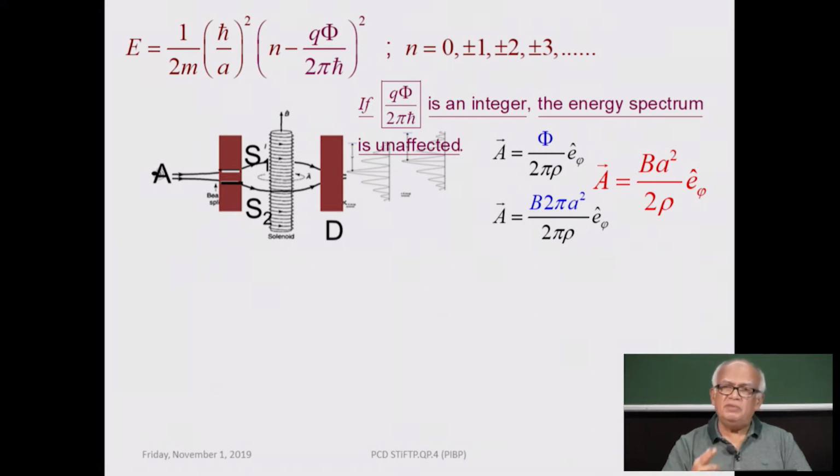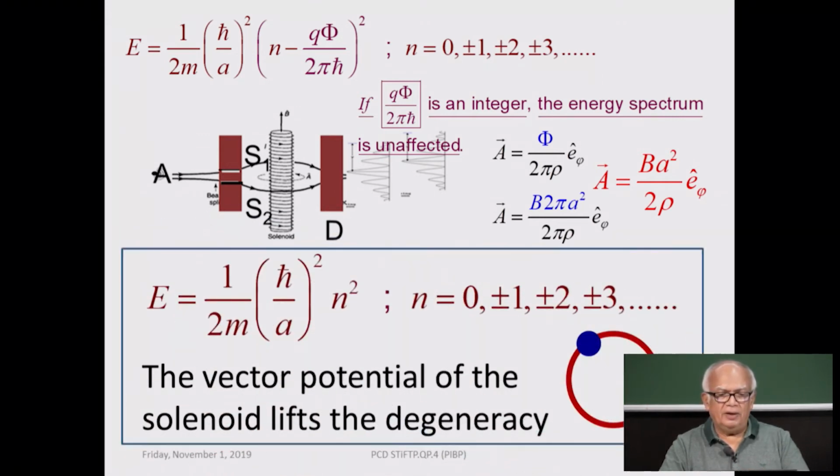So, you have the same spectrum with the flux as you had without it, not for any arbitrary value of the flux, but for such values of the flux for which q phi over 2 pi h cross is an integer. Okay? And that is the case of interest, as it will turn out.